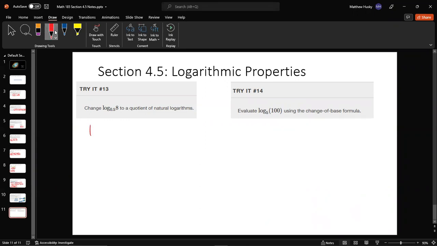So we can do log of 8, or actually they want natural logs, not common logs. So ln of 8, and then divide that by ln of 0.5. Okay. And then we can actually get a calculator and work out what that is. I think all they were going for is just to write it as a quotient, but we'll just go ahead and do the whole thing.